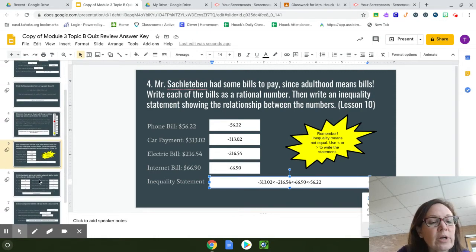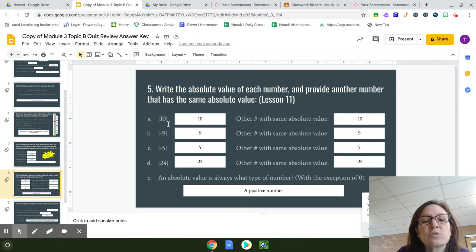Our next screen is going to look similar to this. It says write the absolute value of each number and provide another number that has the same absolute value. This is from lesson 11. So the absolute value of 10 is 10. Another number that's 10 places away from 0, I put, is negative 10. The absolute value of negative 9 is 9. What other number is 9 places away from 0? Positive 9.